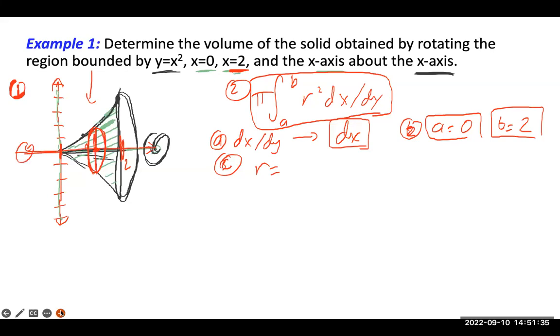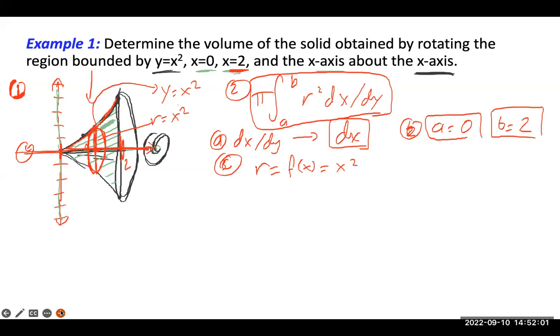So since that's the middle, we ask, what's the distance from the axis of rotation to wherever the circle stops? Well, the circle stops at the function, y equals x squared. So the distance from 0 to x squared is x squared. So my radius is equal to the function, which is x squared.